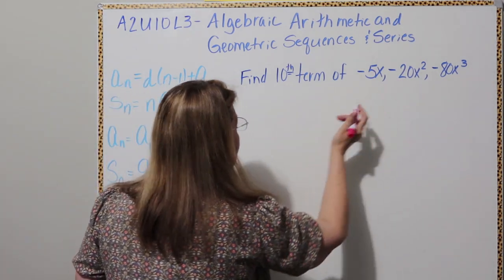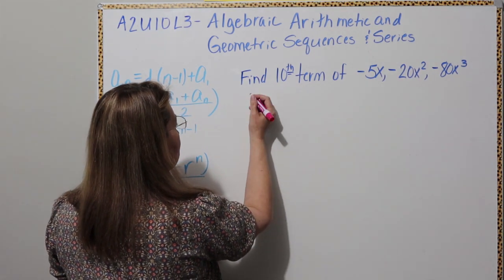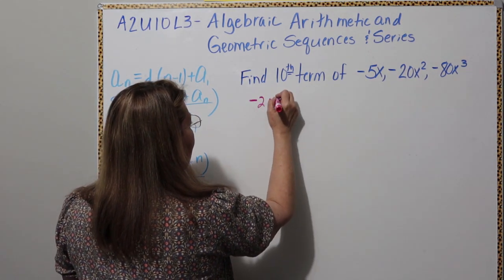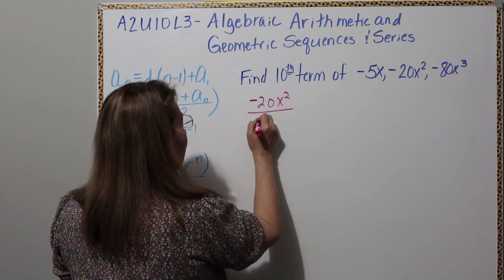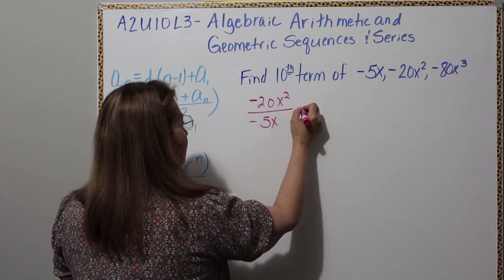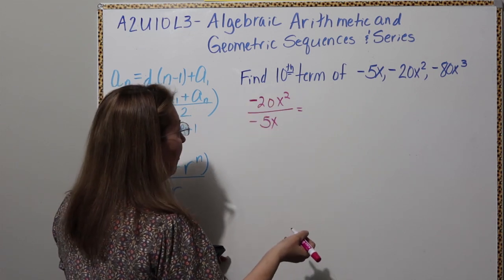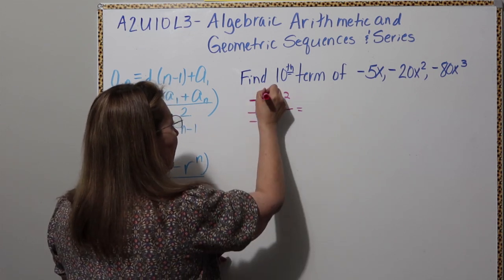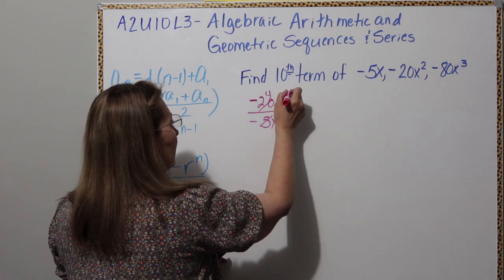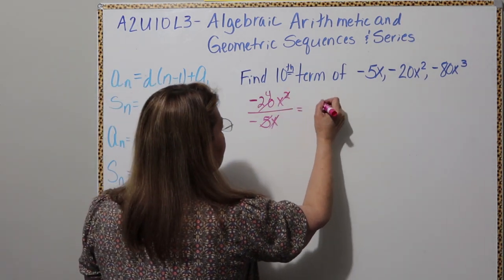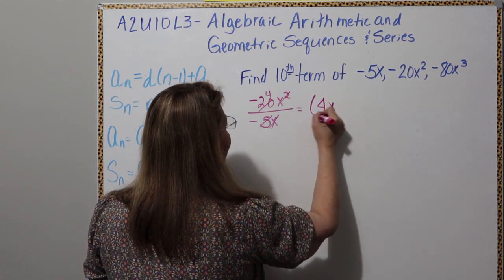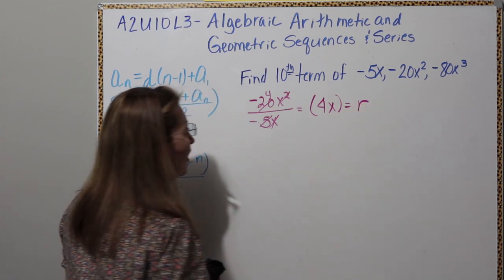So take your second term, which is negative 20x squared, and divide that by negative 5x. This tells me what the progression was. Negative over negative is positive. 20 over 5 reduces down to 4. X squared over x is x. So I have positive 4x is my r.